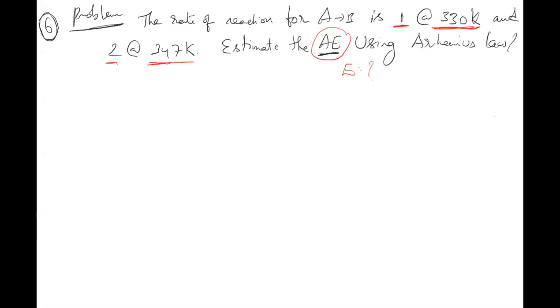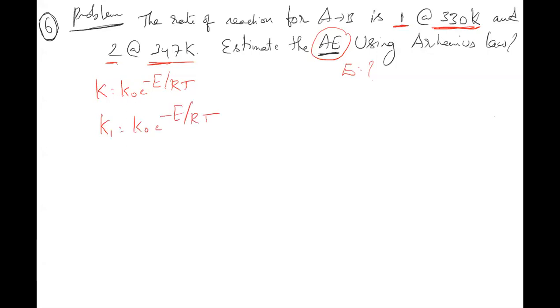So what do you do? K equal to K naught into e power minus E by RT. Now you have the given data: you are changing the temperature, so your rate constant is changing. So K1 equal to K naught into e power minus E by RT1.